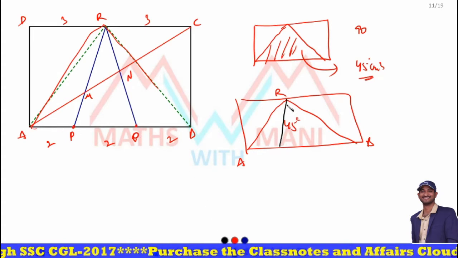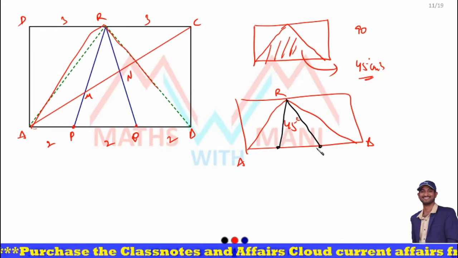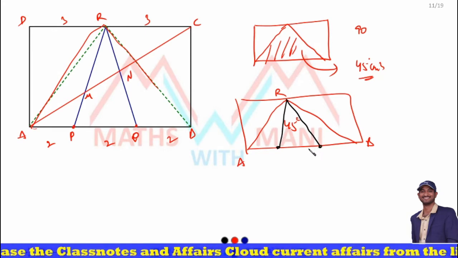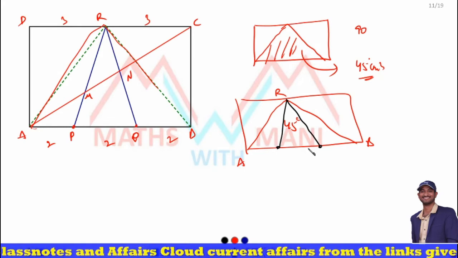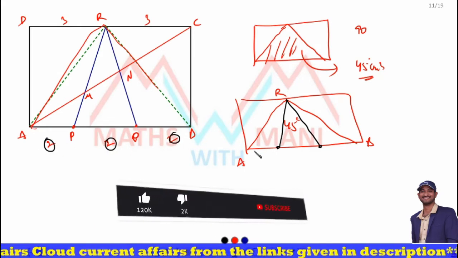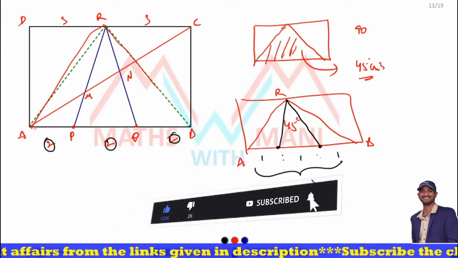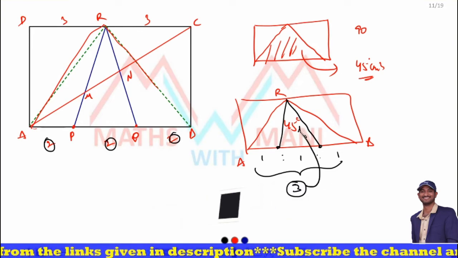So I told you that a line from the vertex divides the triangle in the ratio of the base. So here 2:2:2 means equal parts, 1:1:1. So total 3 parts, area is 45.